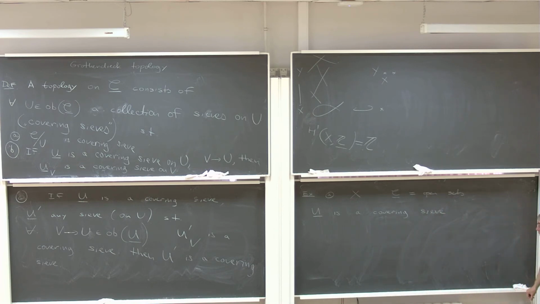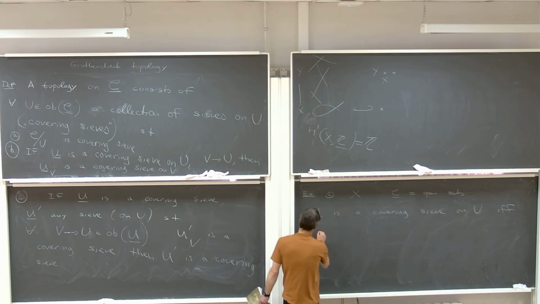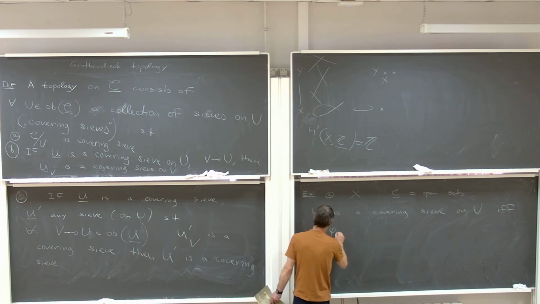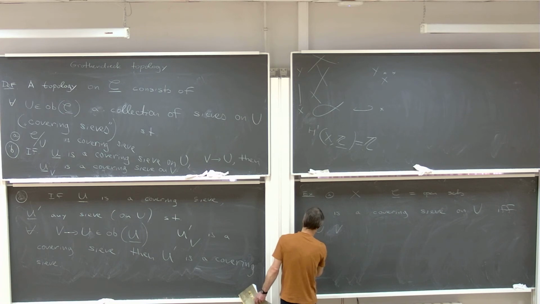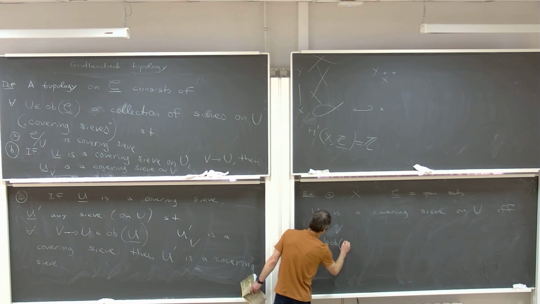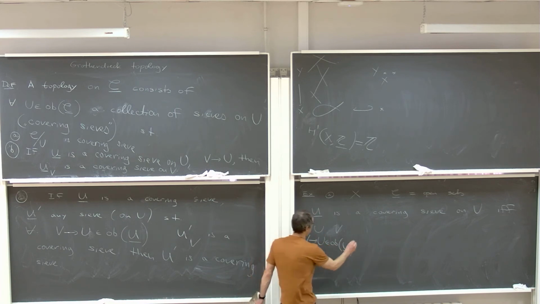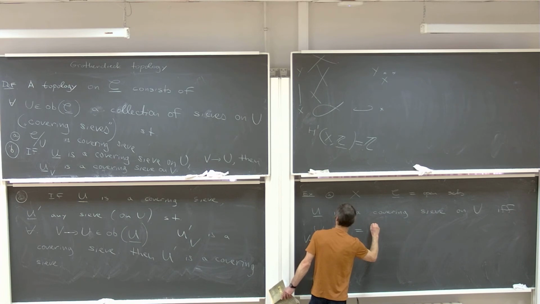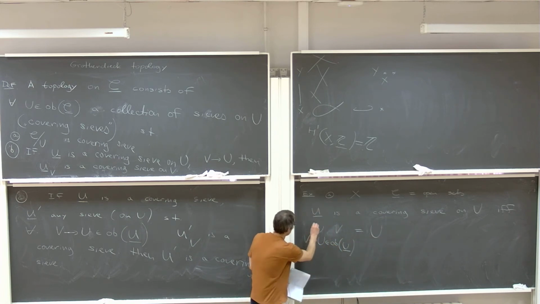Well, a sieve on U. If the following condition is satisfied: the union of all φ(V), where V runs over all objects of the sieve, is U. Okay, so this is the union.